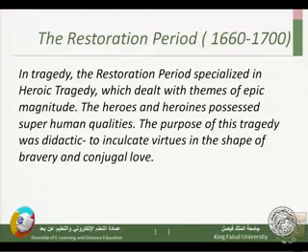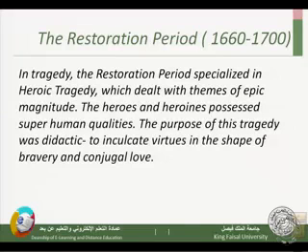The heroes and the heroines possessed superhuman qualities. That's why we call them heroic tragedies, because the heroes and heroines in these plays have superhuman qualities.